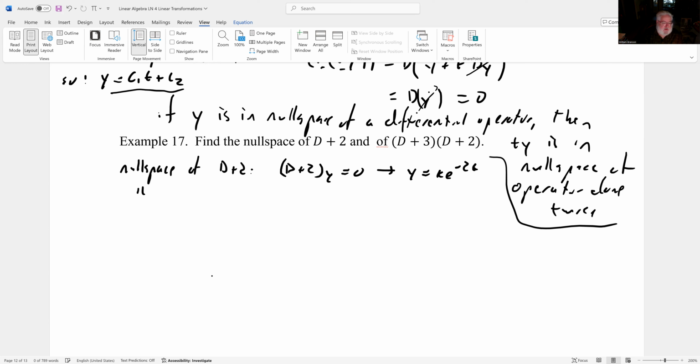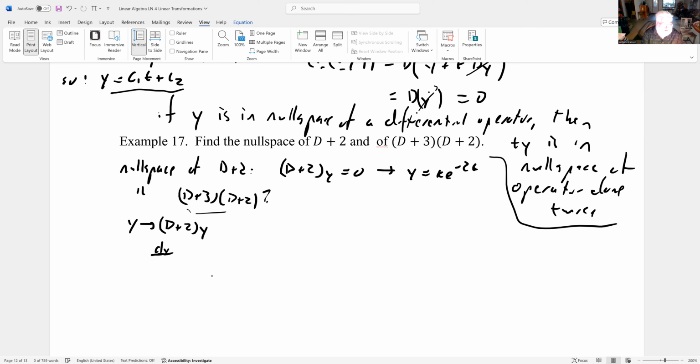What about the null space of d plus 3, d plus 2? Well, this means that we take a function y and we differentiate it and add 2 times it. So in more familiar terms, this is dy dt plus 2y. And then we take d plus 3 of that, which means we take the derivative plus 3 times this function.